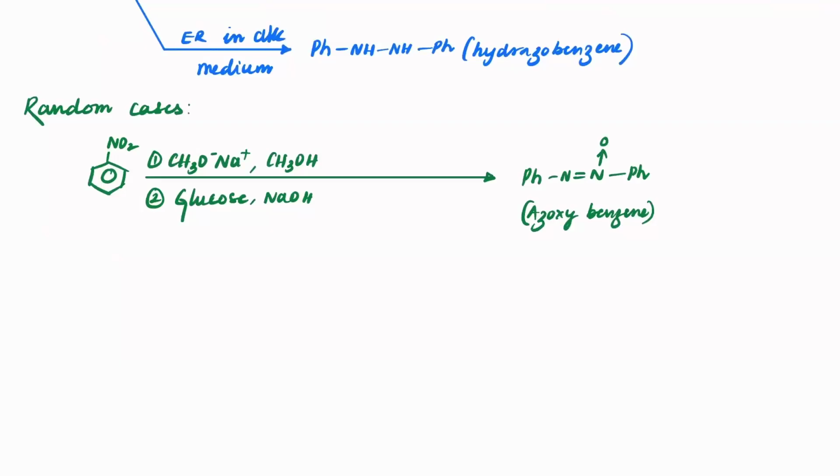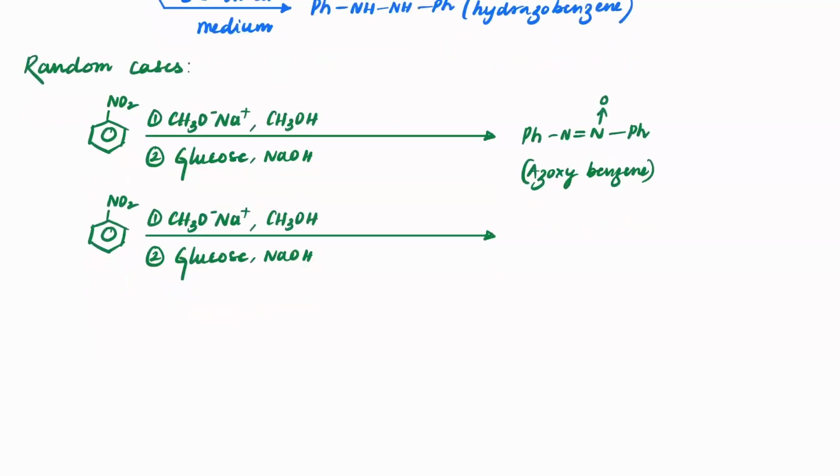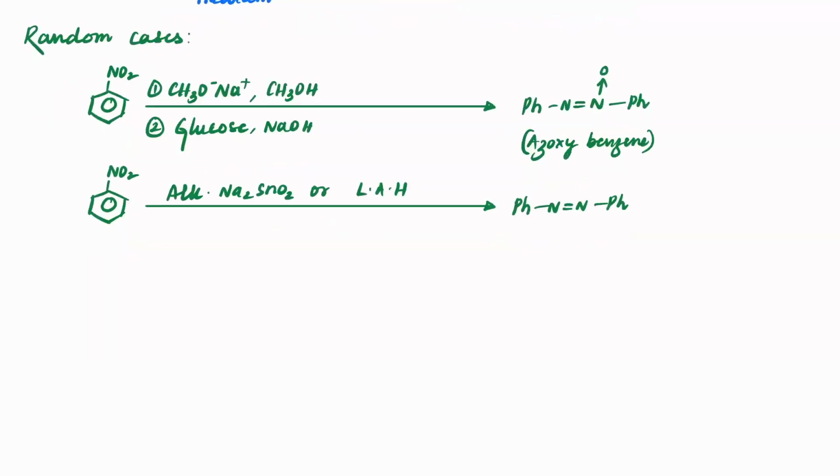Likewise, if I take another case where we are using alkaline sodium stannate, that is Na2SnO2, that will also give you Ph-N=N-Ph, or lithium aluminum hydride, any one of those. Got it?